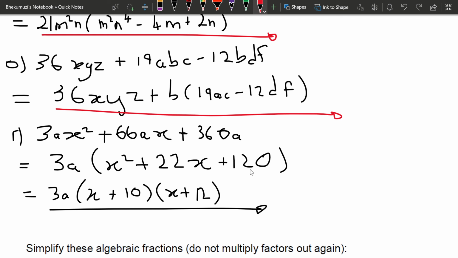We look at our 120 and we say, what are the two numbers that we can multiply together to give us 120, which is 10 and 12? But then we can also add together, that would give us 22, right? So we do know that 10 times 12 gives us 120, but also 10 plus 12 does give us 22. And therefore, that's why we have our factors to be x plus 10 and x plus 12, and we have 3a at the outside, right?